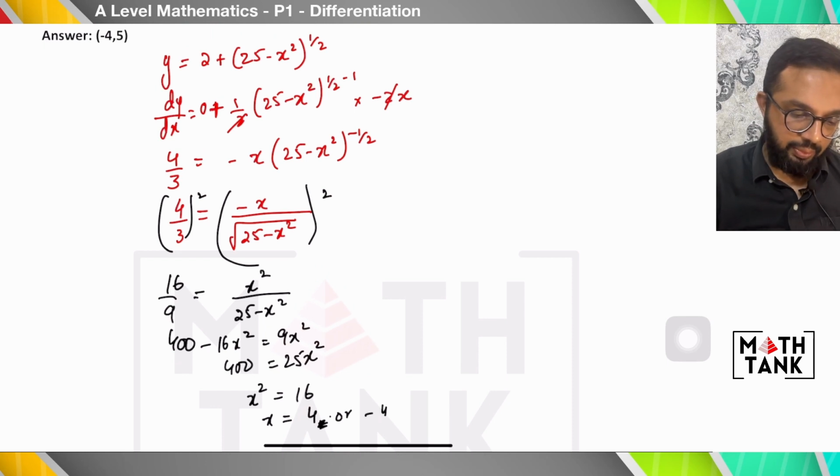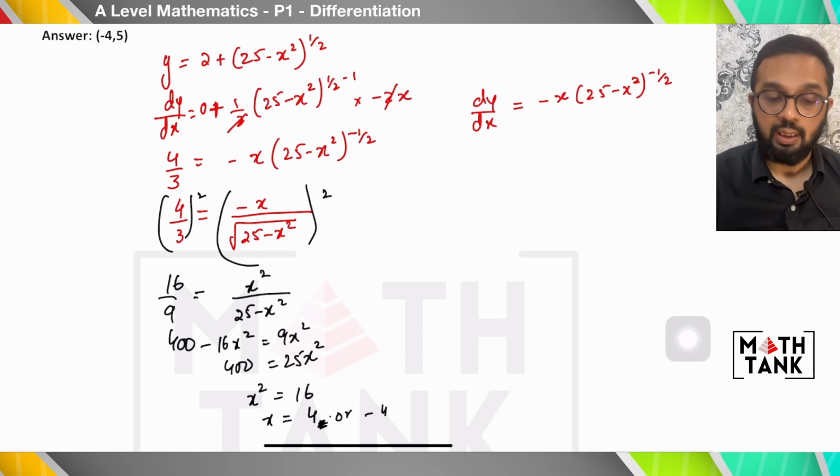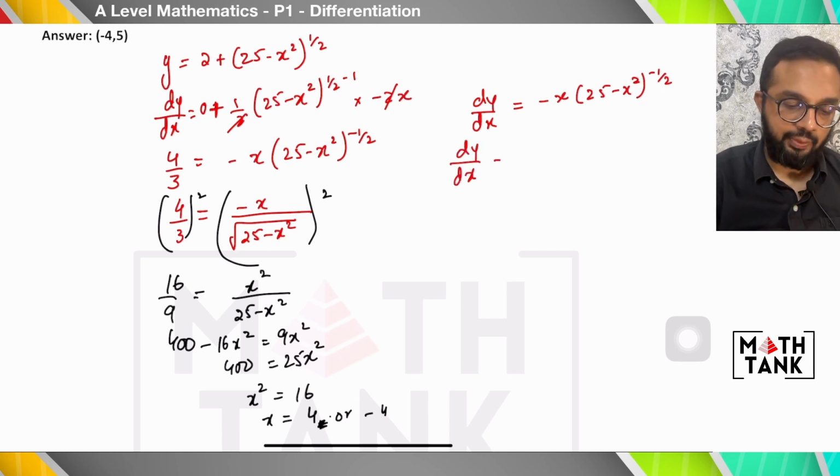So what I'm going to do is go to my dy by dx again, which is minus x times 25 minus x squared to the power minus half, and see which one gives me the correct answer. So when I plug in 4, it gives me minus 4 times 25 minus 4 squared to the power minus half.